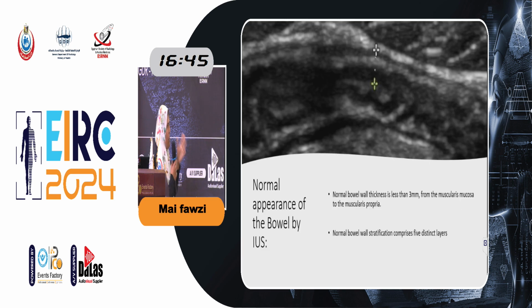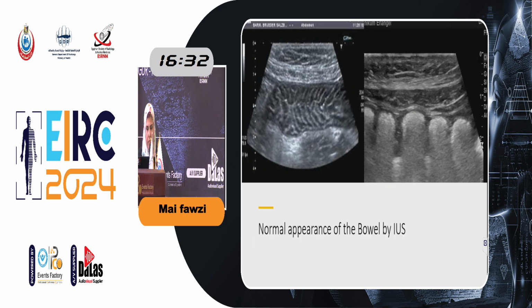This is a segment of the small bowel with a normal bowel wall thickness. As you can see, it normally should be less than 3 millimeters in the small and large bowel. You also identify bowel segments by morphology.